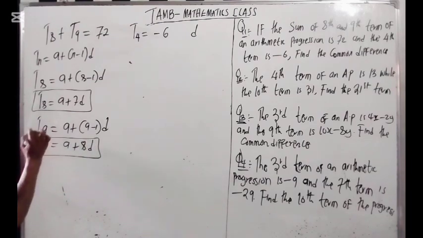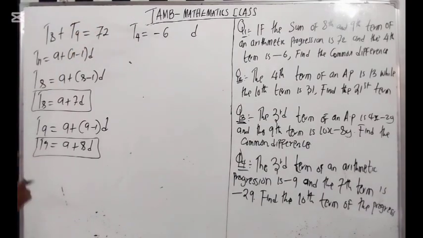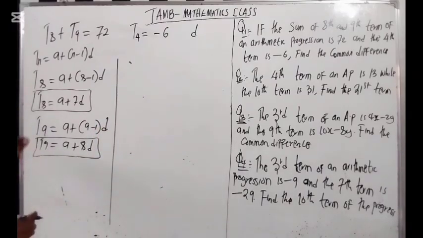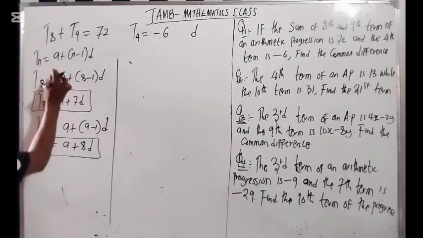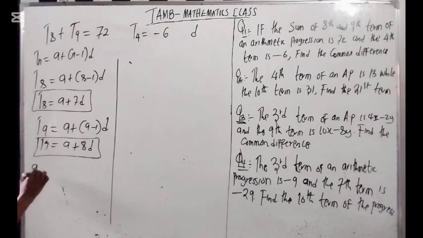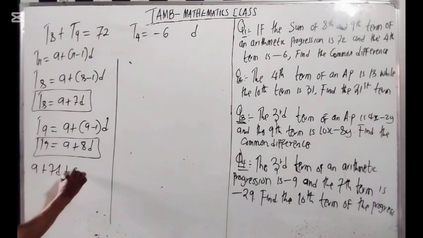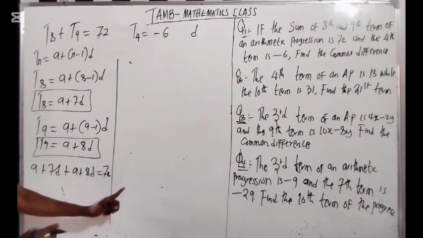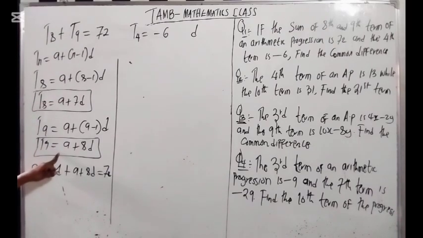Now remember, the 8th term and the 9th term sum to 72. So when you sum the two of them together, we have a plus 7d plus a plus 8d equals 72. This is my 8th term and this is my 9th term.